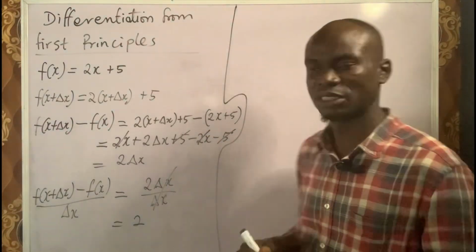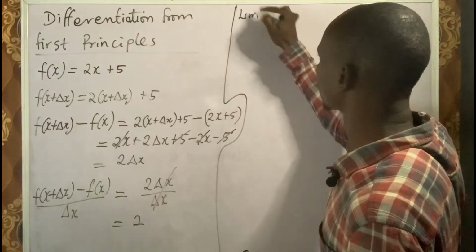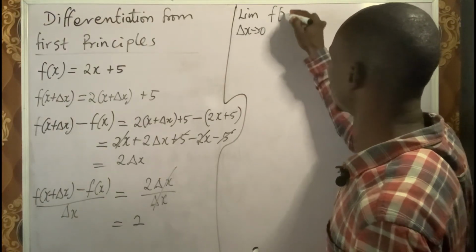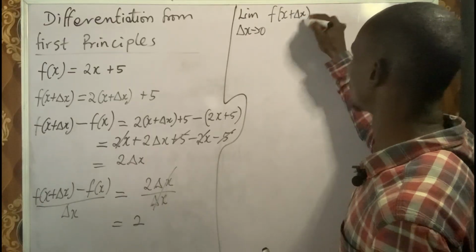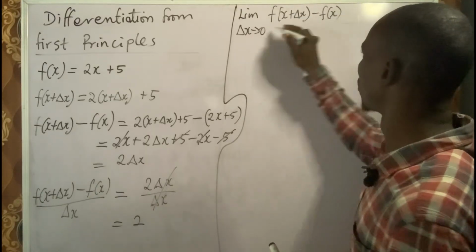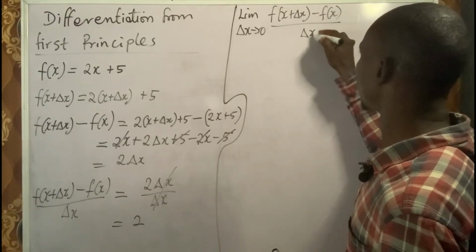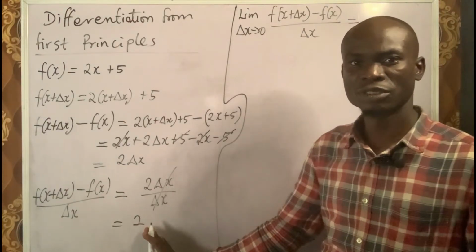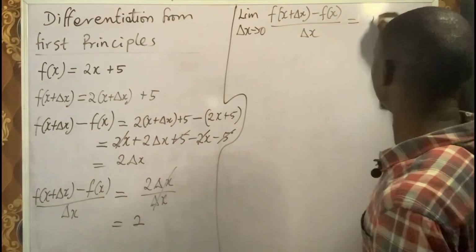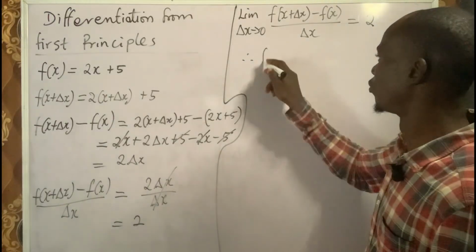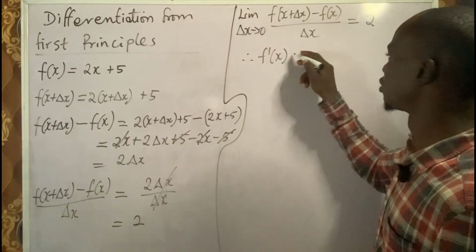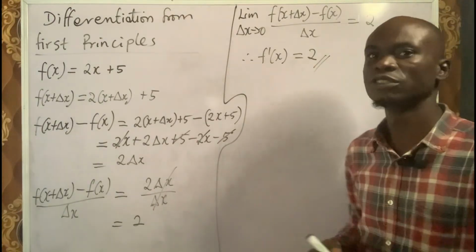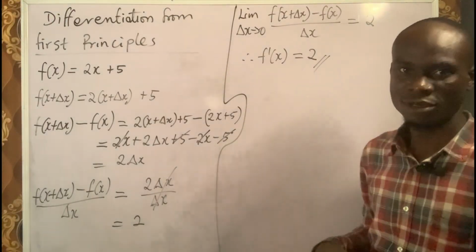Taking limit as delta x tends to 0, everything in the fourth step, f of x plus delta x minus f of x all over delta x is equal to, remember this step means if there's still any delta x, it is 0. Since there's no delta x, we write what we have there, 2. So therefore, f prime of x is equal to 2. So this is our answer for this case.